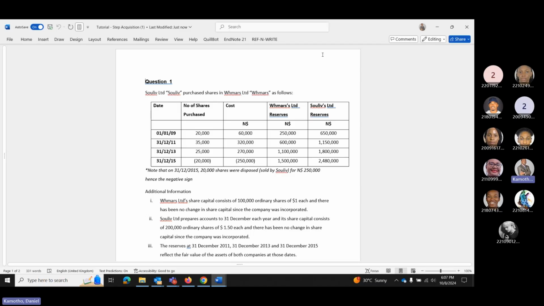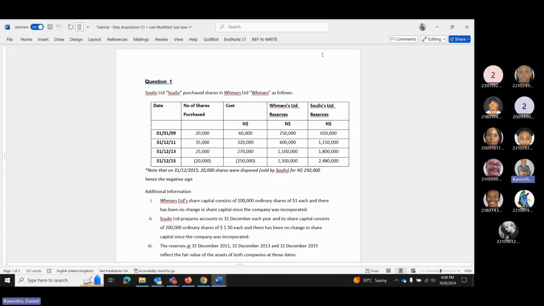So here we are talking of Soliv, which purchased shares in YMAS as follows. On the 1st of January 2009, they bought 20,000 shares and they paid 60,000. On the 31st of December 2011, they bought another 35,000 shares for 320. Then on 31st of December 2013, they bought another 25,000 shares for 270.